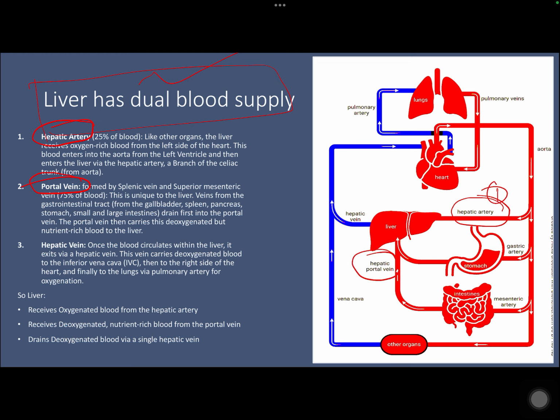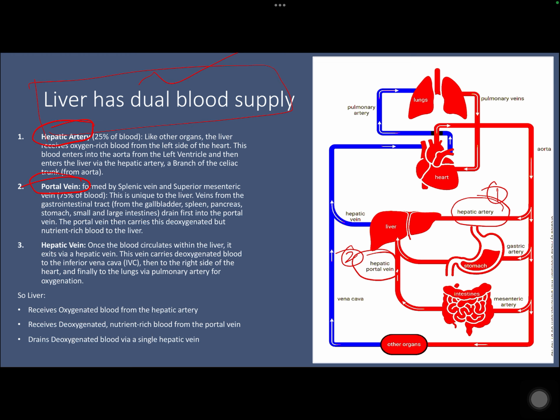The hepatic artery is basically a branch of the celiac trunk. The celiac trunk itself is a branch of the aorta. The aorta carries oxygenated blood from the left ventricle of the heart. So the oxygenated blood to the liver is supplied by the hepatic artery.